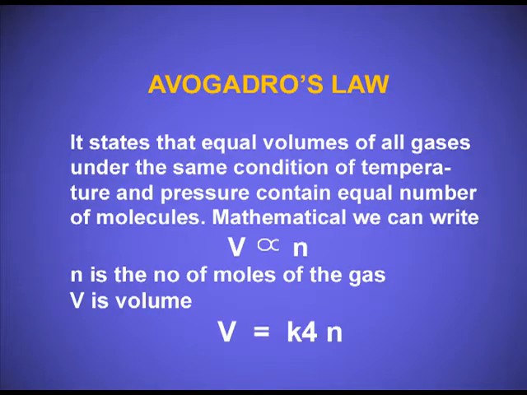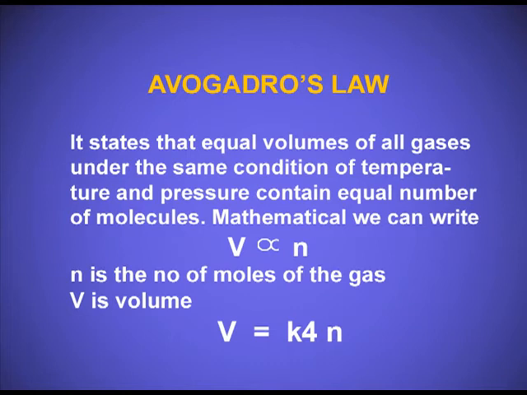It states that equal volumes of all gases under the same conditions of temperature and pressure contain an equal number of molecules. Mathematically, we can write V directly proportional to n, where small n is the number of moles of the gas and V is volume.